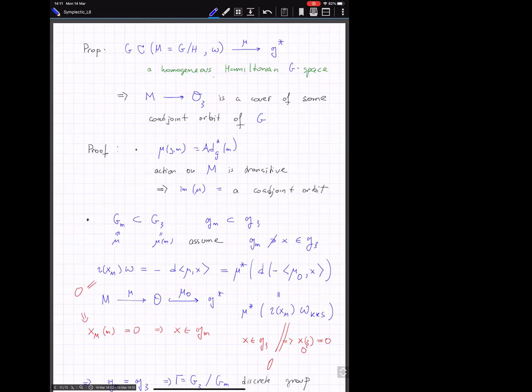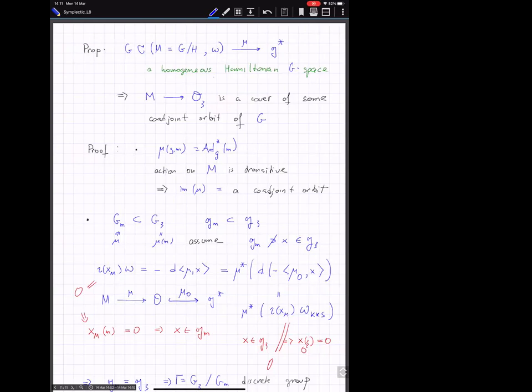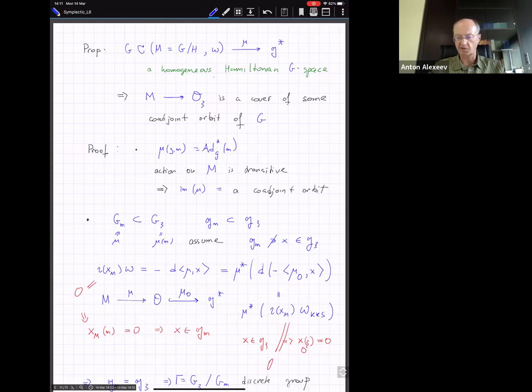So M is a covering space of the orbit, and omega is a pullback of the KKS form. So it is actually a specific form. But in the beginning, we're just saying, let's take a homogeneous Hamiltonian G-space. So the form has to be G-invariant, and we should have a moment map.